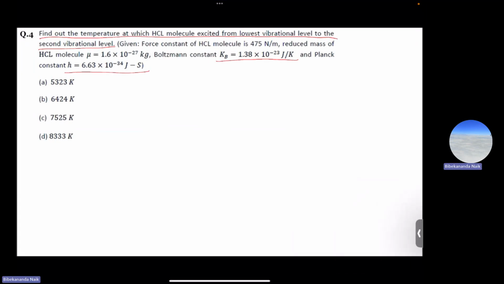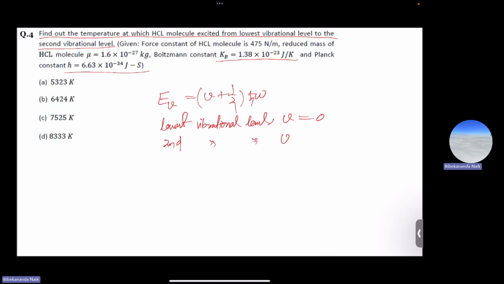So we know the energy levels of the vibrational level are given by (v + 1/2) ħω. Now for the lowest vibrational level, v is 0, and for the second vibrational level, v is 2.